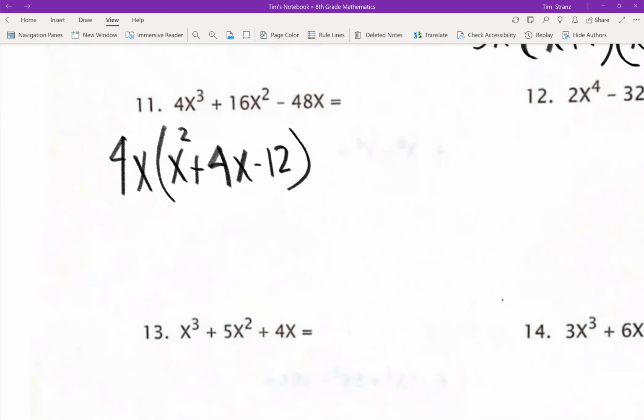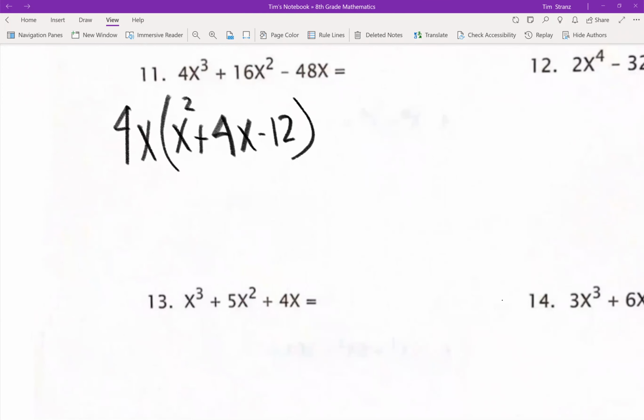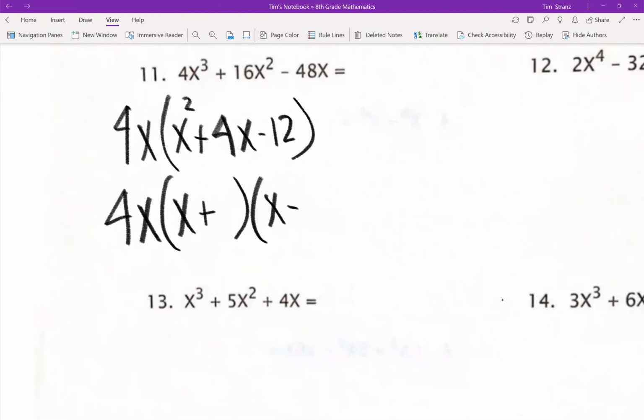I'm going to factor the parentheses now. So I need to think of the factors of 12 that will add up to 4. That's going to be 6 and 2. So I'm going to stay with my 4x on the outside. It's got to be a plus and a minus because you've got a negative sign there. So I'm going to have x plus something, x minus something. And I said 6 and 2, right?